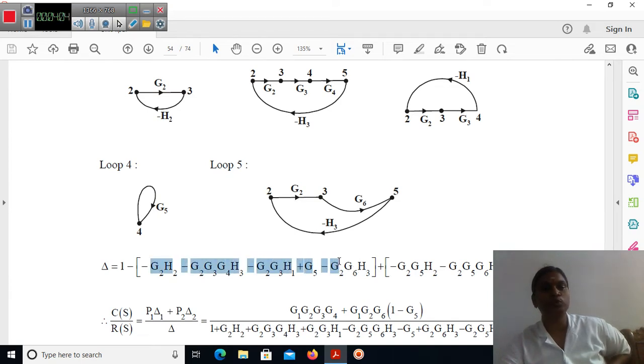These are all the individual loop gains. What is the formula? 1 minus the sum of individual loop gains plus the sum of two non-touching loops.